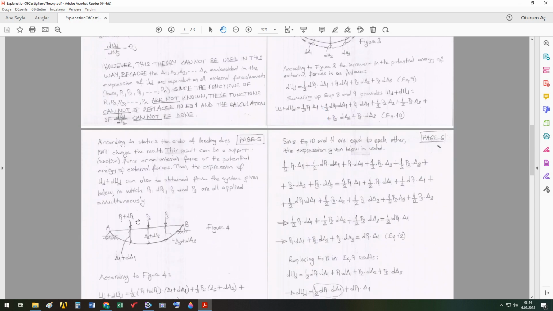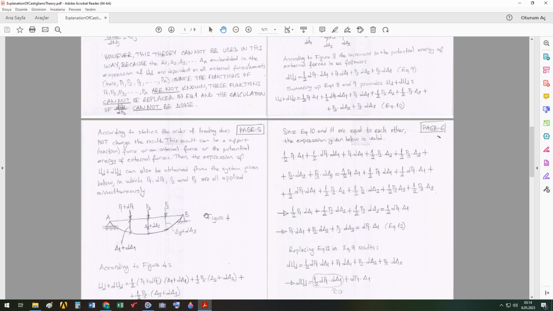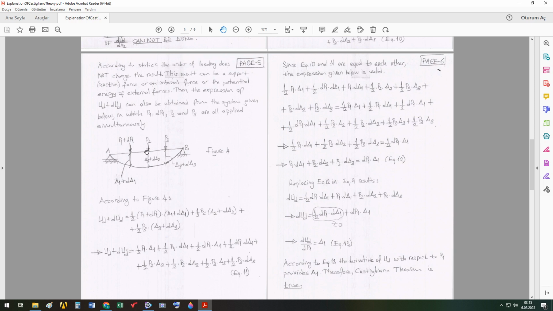But according to statics, if I applied P1 plus dP1 and P2, P3, those loads simultaneously, I should have obtained this value again. Nothing must have changed according to statics.